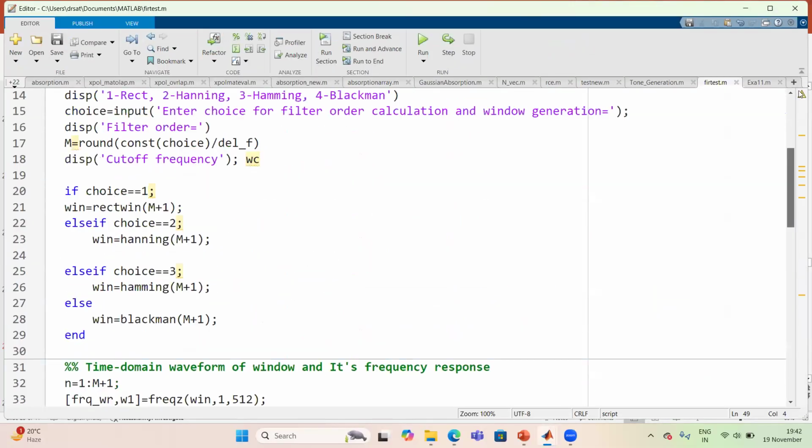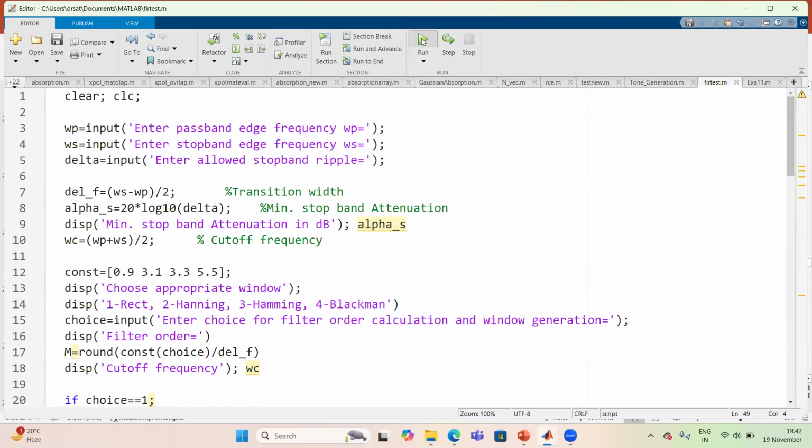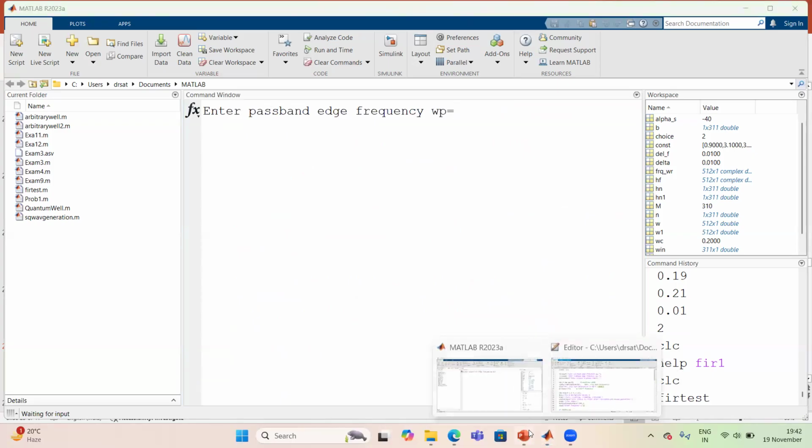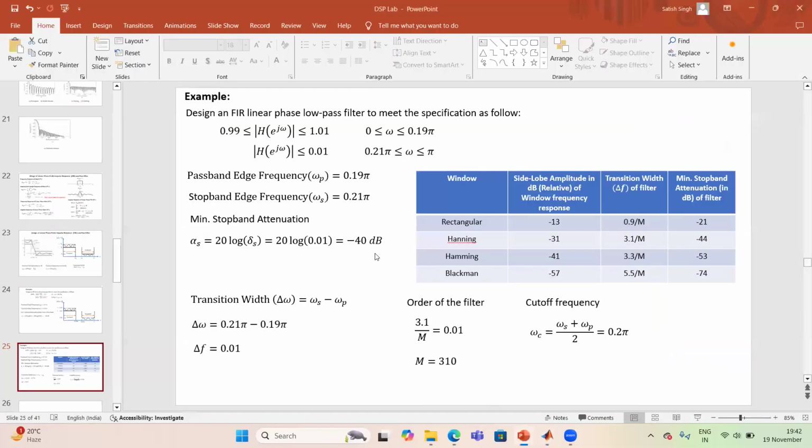If we execute this code, it is asking you to enter the passband edge frequency Wp. In the example, we have taken omega p as 0.19 pi and omega s as 0.21 pi. So we just have to take the normalized value, dividing by pi, and input this parameter.